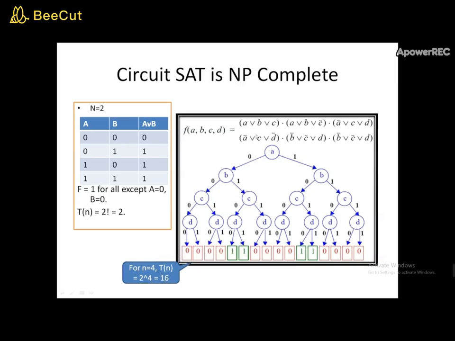For this reason, given a circuit, and constructing a circuit based upon an expression, if you construct a tree to determine the satisfiability, which means getting an output of 1, then you call this an NP complete problem.